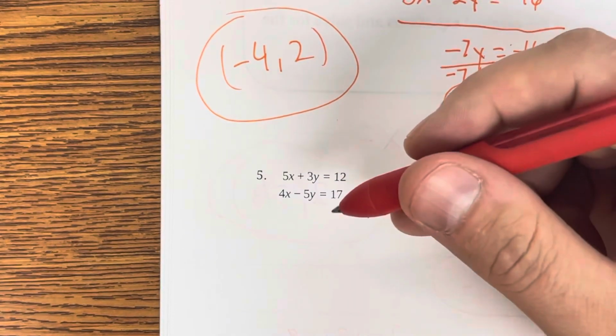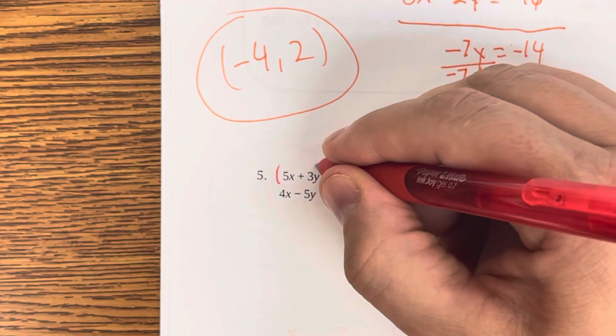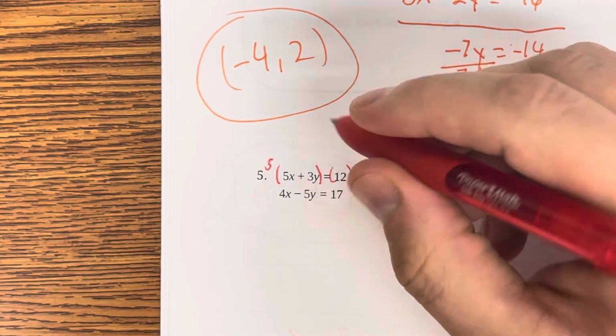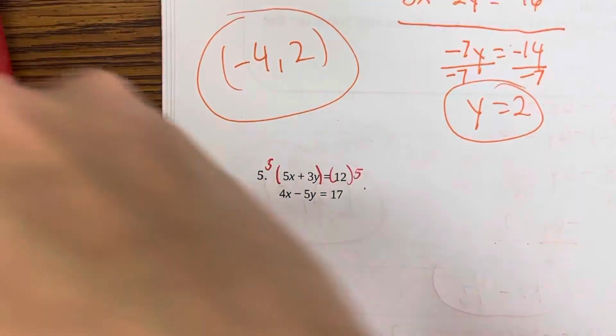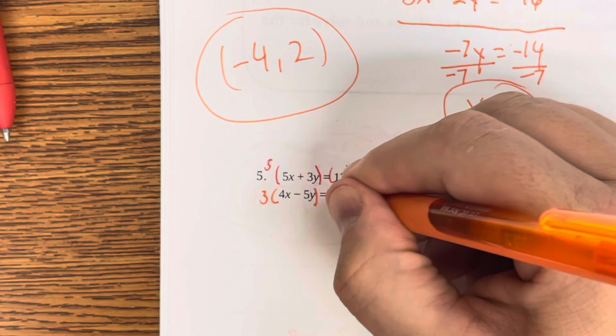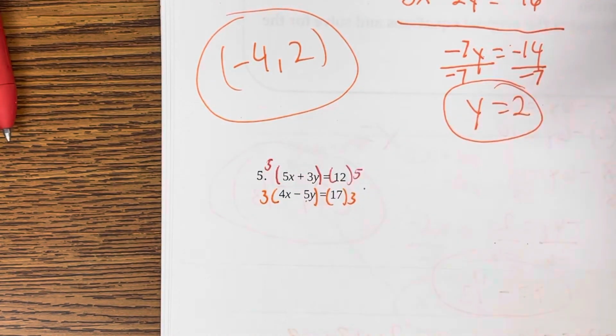I am going to get the y's to cancel. So for me to get the y's to cancel, I have to multiply the top equation by 5 and the bottom equation by 3. That way I get a negative 15y and a positive 15y.